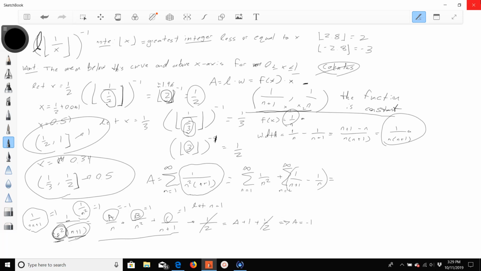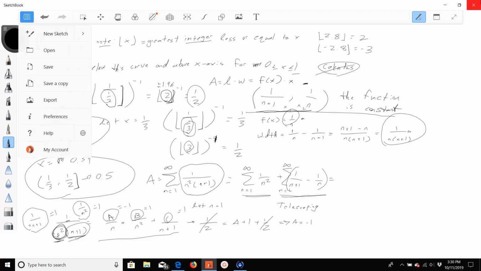I'm going to evaluate this first one separately because it's a very famous sum that I introduced in one of my other videos, and then I'm going to evaluate this sum together because it is a telescoping sum, and it's pretty clear that is the case because you're subtracting, and so a nice bunch of things are going to cancel out. Now I'm going to write this on a new page.